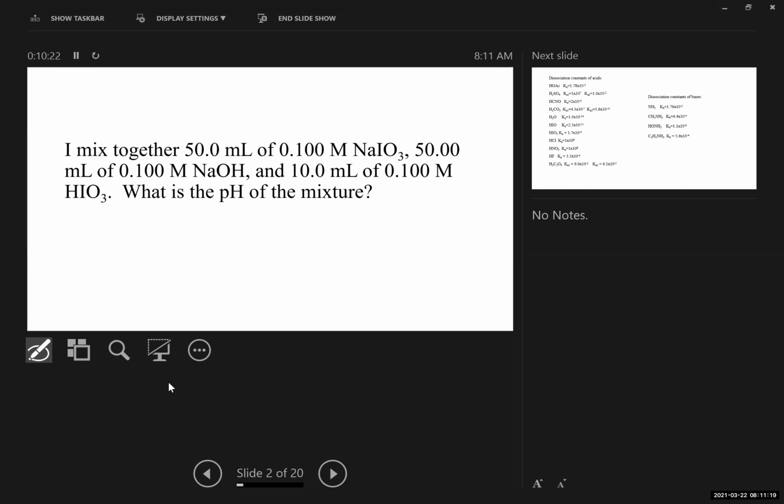What is sodium iodate? What kind of compound? It's a salt. Once I've identified it's a salt, I might want to dissociate. What is sodium hydroxide?